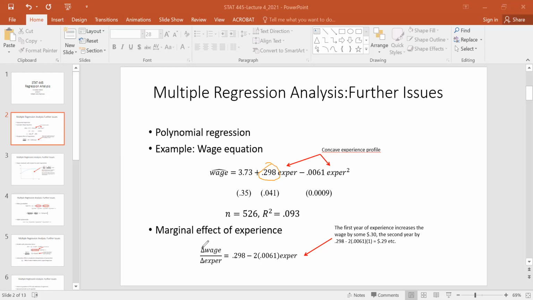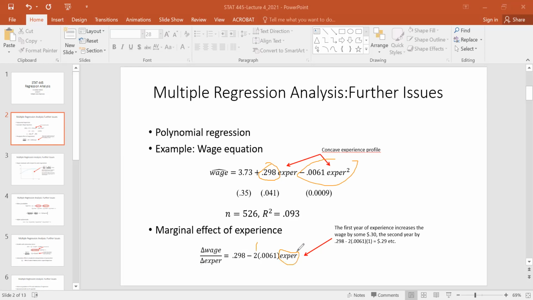So the derivative of wage with respect to experience is what? 0.298 minus, you differentiate this, right? So the 2 will come down here, and you reduce the power by 1. So what does it say? That the impact of experience on wage depends on the experience variable itself.